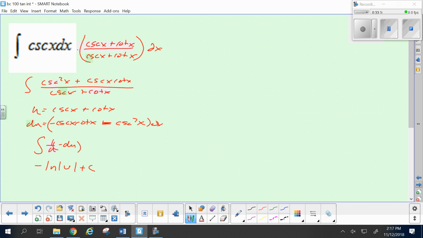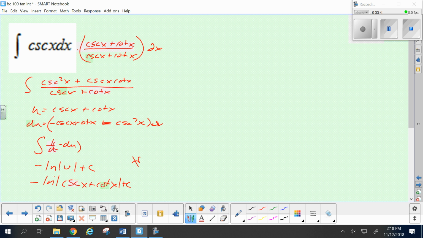So I tried cosecant plus cotangent and I do not get the true or regular form. I don't know if you're getting the same kind of thing, but you get this weird stray negative, yeah? Okay, so are you getting something like the opposite of log of cosecant plus cotangent?